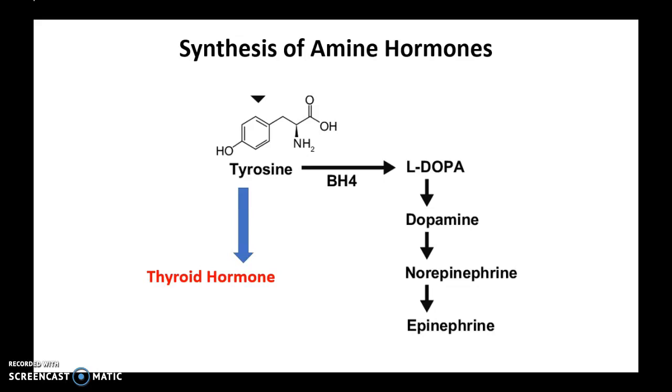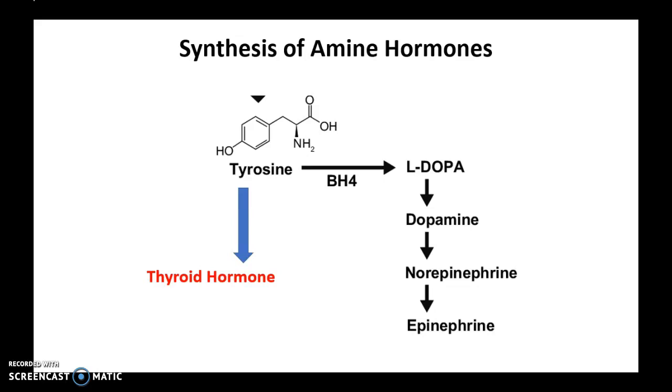Now, this is showing us synthesis of amine hormones. On top we see tyrosine, which is an amino acid, and by the action of multiple enzymes, tyrosine is converted to dopamine. By enzymatic action, dopamine will be converted to norepinephrine, and again another enzyme will work on norepinephrine to convert it into epinephrine. So what do we see here?